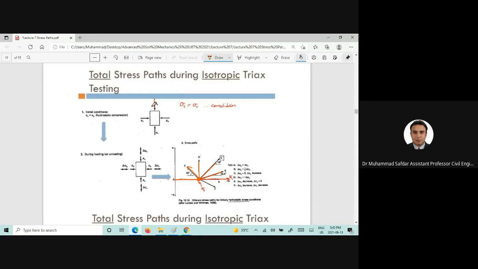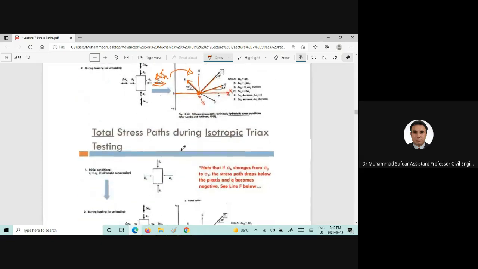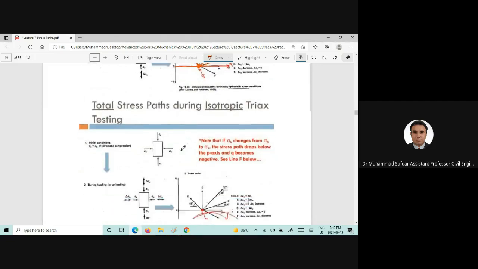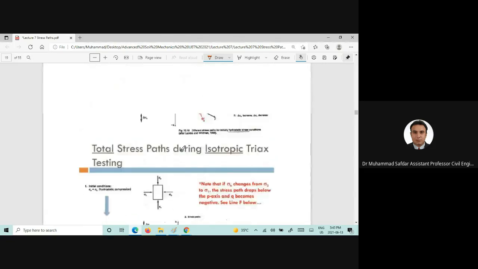So for example, if sigma V is taken and sigma H is also applied, now if we increase or decrease delta sigma H, that will decide the stress path that soil is going to take. And how we can relate these conditions to the field will be discussed in the coming slides as well.